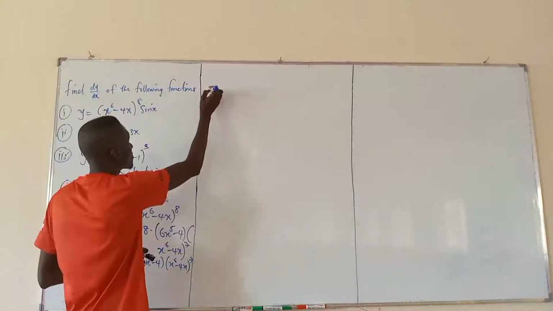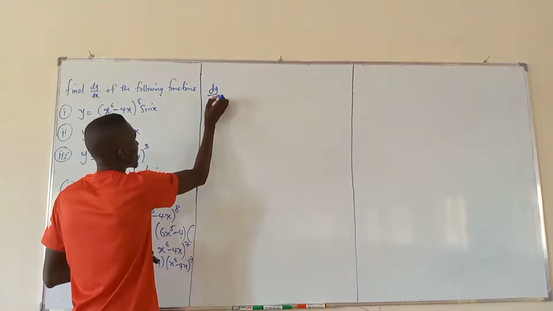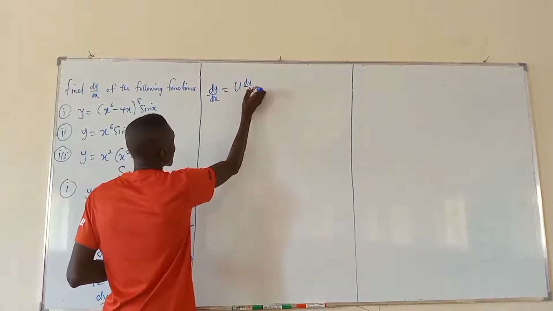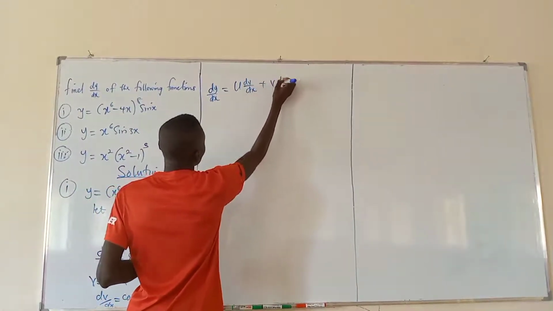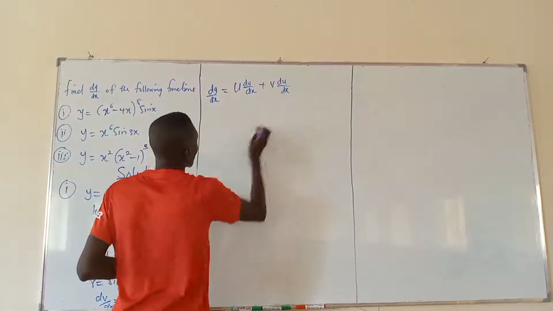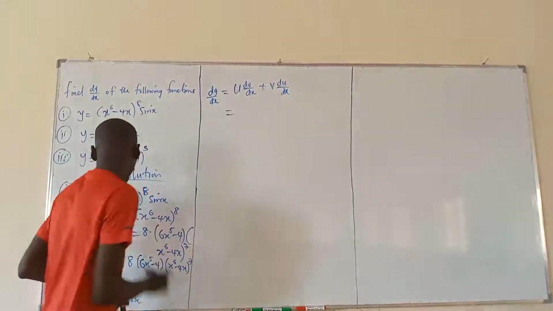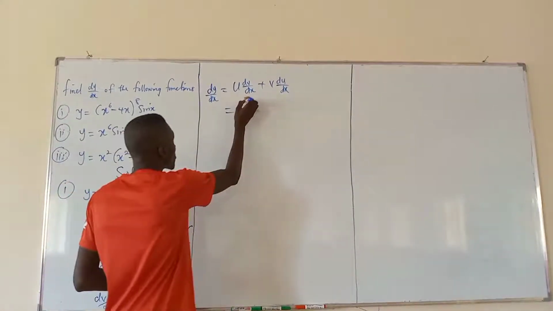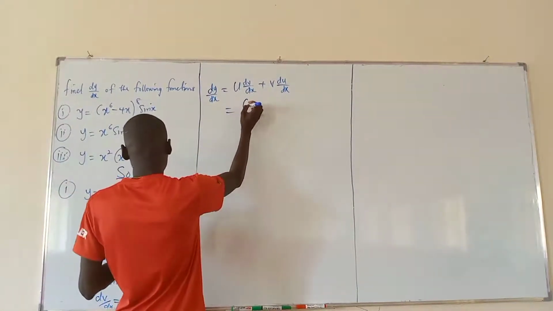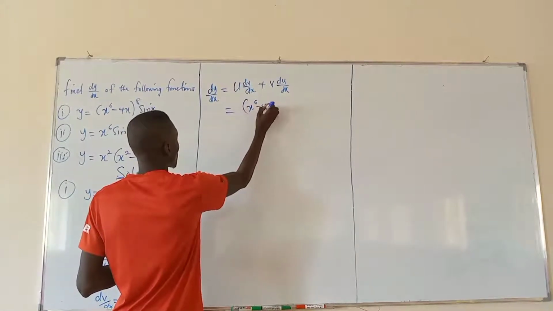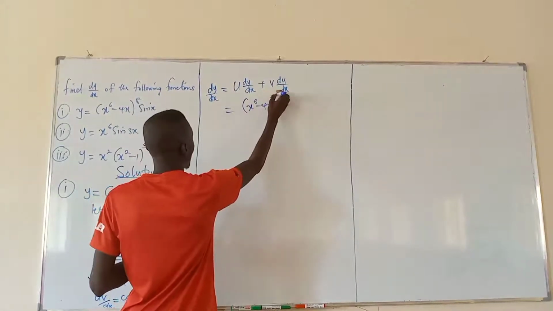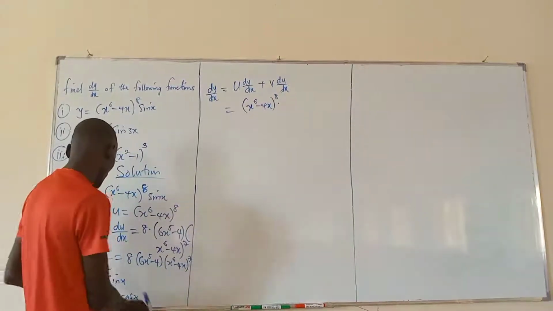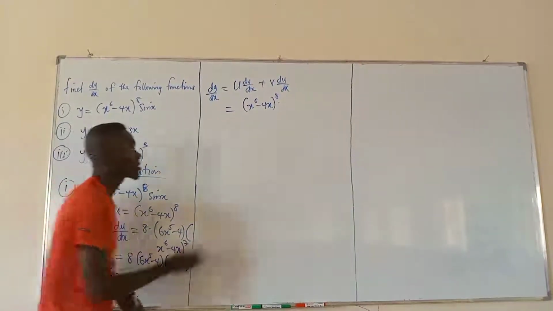Since it's product rule, dy/dx is equal to u dv/dx plus v du/dx. So what is u? We said u is (x^6 minus 4x) raised to power 8. So I'll be having (x^6 minus 4x) raised to power 8 times the derivative of v. And the derivative of v, which is dv/dx, is what? cos x.